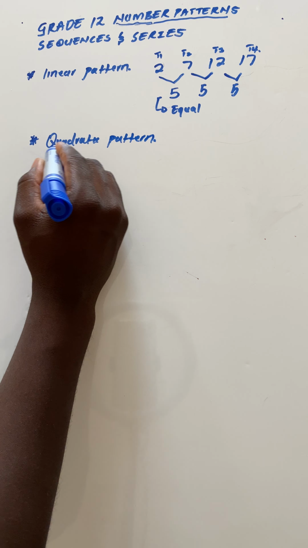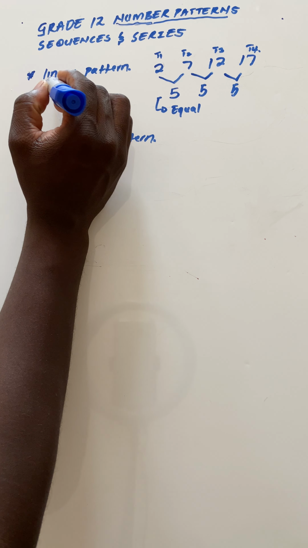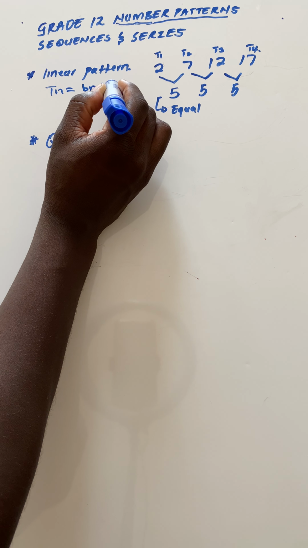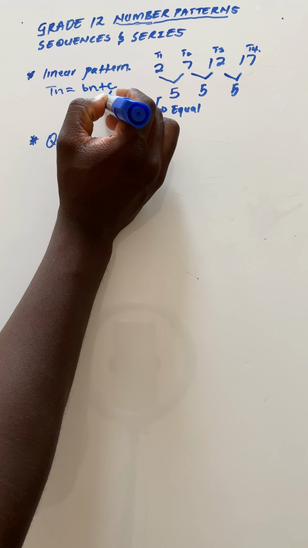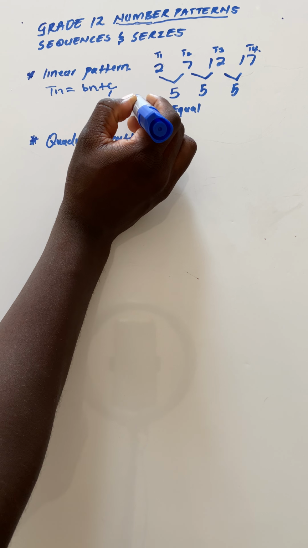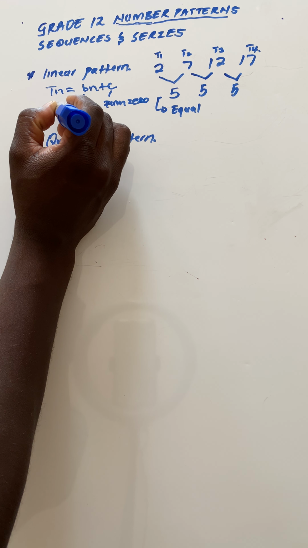Right, so before I get into the quadratic pattern, in the linear pattern, you have the formula or general term, which is Tn = bn + c, where c represented your term 0. And b would represent your constant difference.